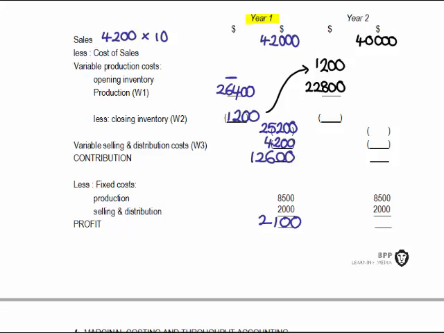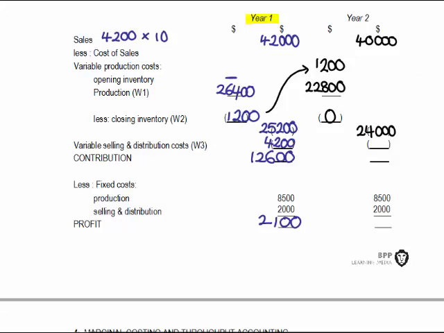Now, how many units of closing inventory have we got? Well, we started off with 200 opening. We made 3,800 more, but then we sold 4,000. So we actually have no units of closing inventory, so there's no value in there. And that all comes to $24,000, which is our cost of sales.